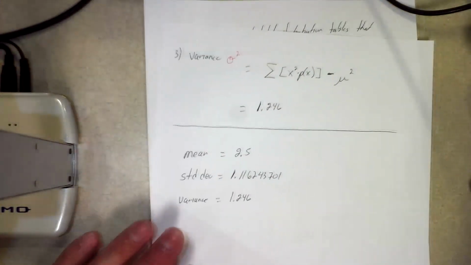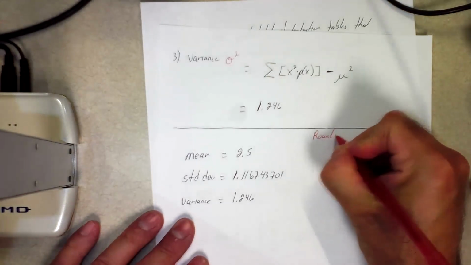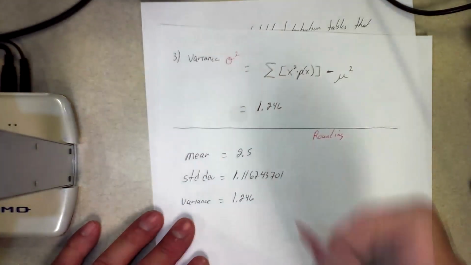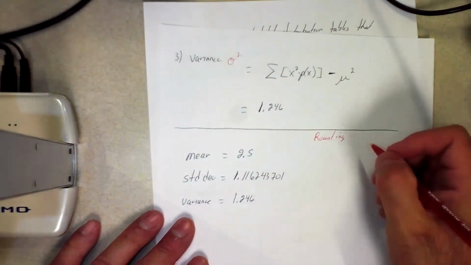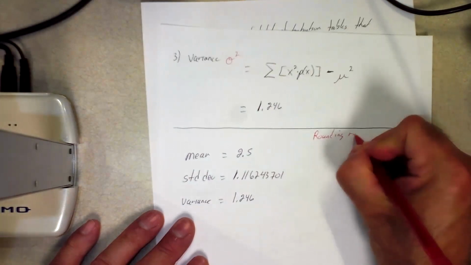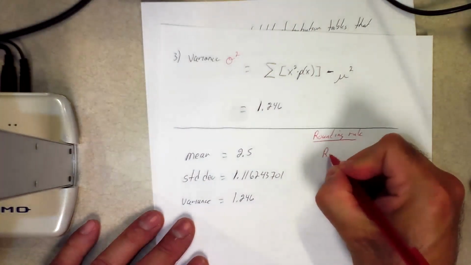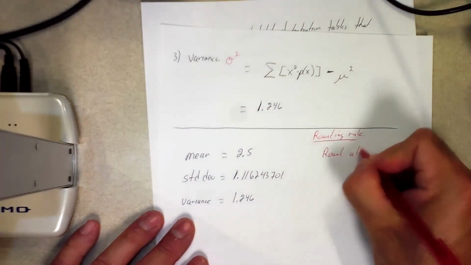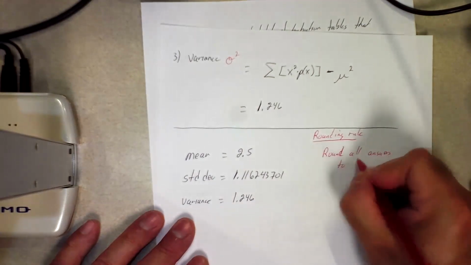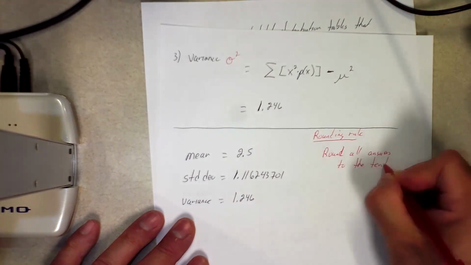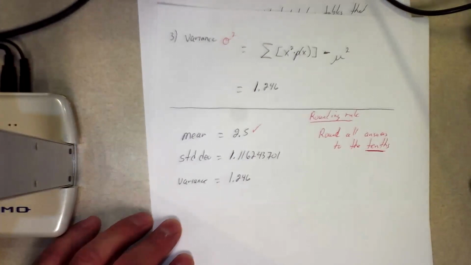All right, so the rounding rules. After you complete all three values, the mean, standard deviation, and the variance, you are going to round to the tenths. Now round all answers to the tenths. So that one's done, 2.5.